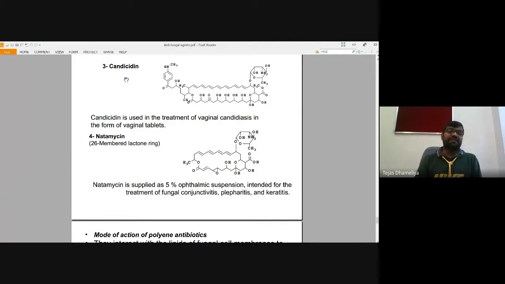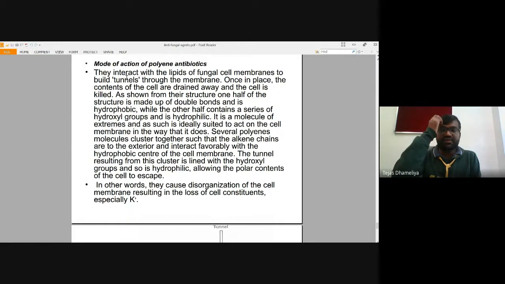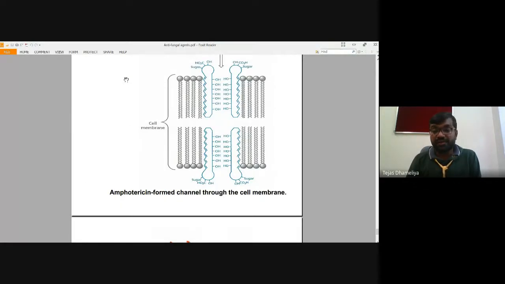So this way, there are several antifungal agents, and all of these antifungal agents have a common mode of action: they cause disturbance in the potassium level, causing hyperpolarization of fungal cells. I'm not sure whether Dr. Mehul Chorawala has taught you the cardiac cycle, where hyperpolarization comes in, or some other teacher might have taught you this.